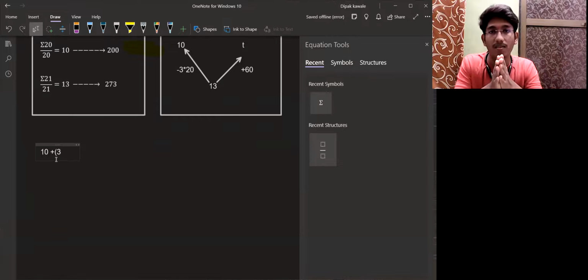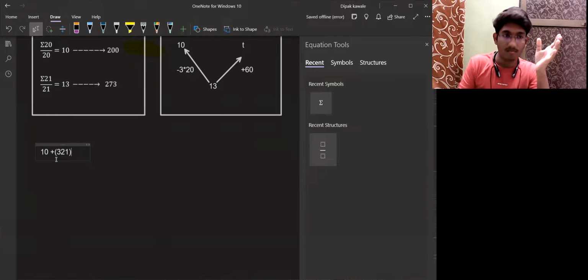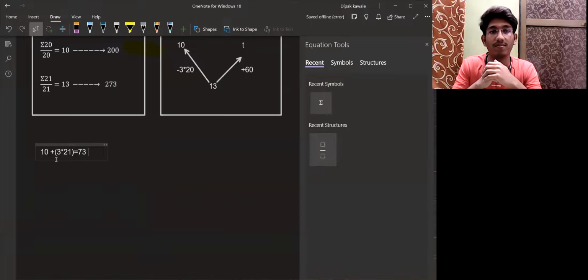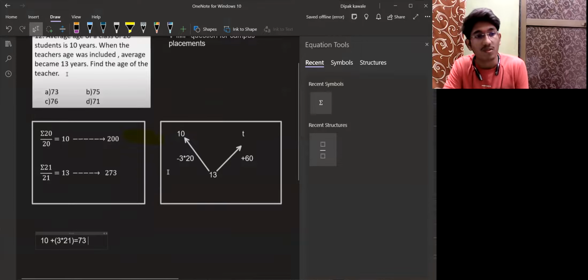For how many people? After adding the teacher, there will be 21 members in that class.